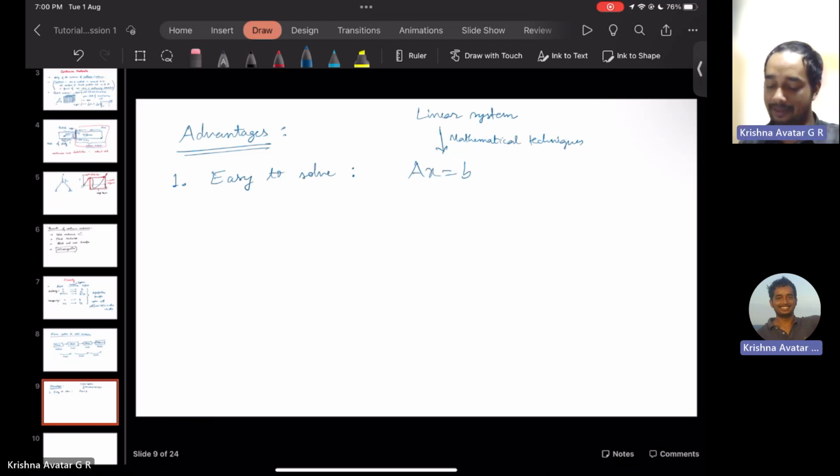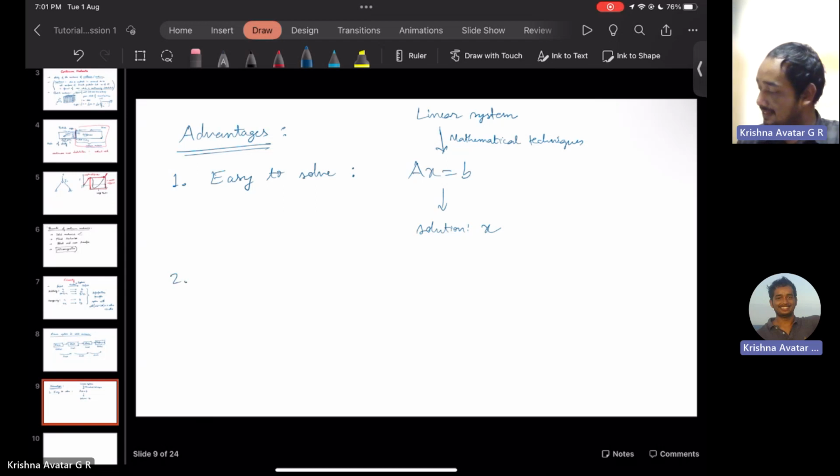You get X, where A is a matrix and X and B are vectors, and this gives a solution X. And then we can do whatever we want. If you are trying to solve for the displacement of a body, then X is the displacement vector. It has the displacement of every node present in the discretized domain.